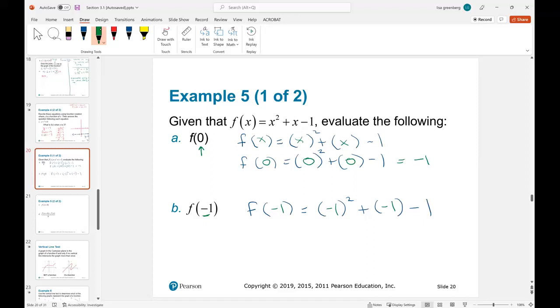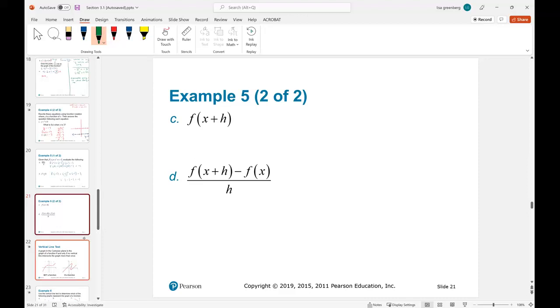And remember when I talked about exponent rules, without the parentheses, that would be -1. But with the parentheses, it's +1. So it makes a big difference. So I'm going to square -1 and I get 1. Plus a -1 just becomes -1. Then 1 minus 1 is 0, and 0 minus 1 is -1. So that's basically how you evaluate these things.